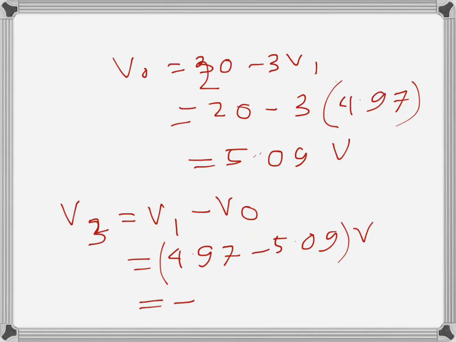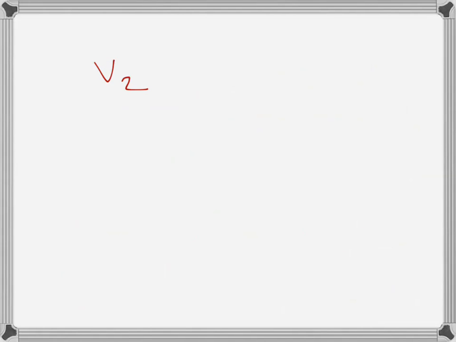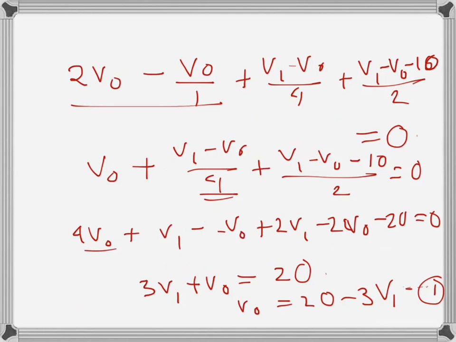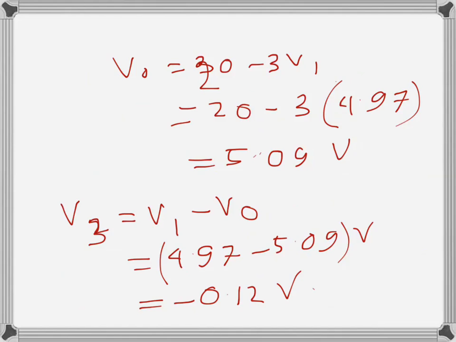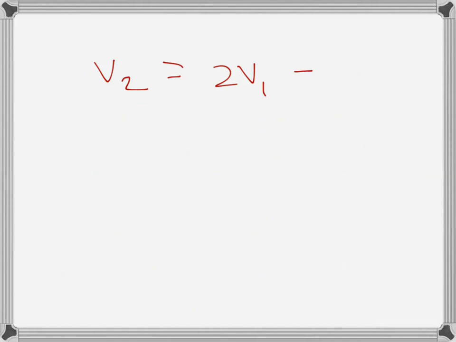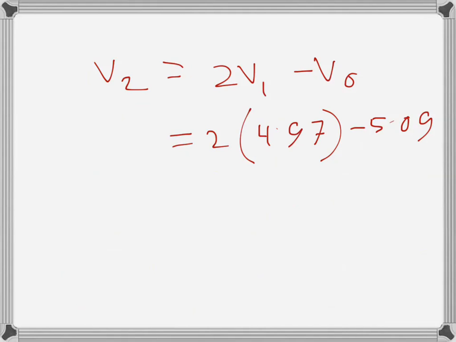So that is minus 0.12 volts. That's V3. And V2, if we go back there, we have V2 as 2V1 minus V0, so 2 times 4.97 minus 5.09, and that is 4.85 volts. So that is V2. So we have all three voltages, V1, V2 and V3.